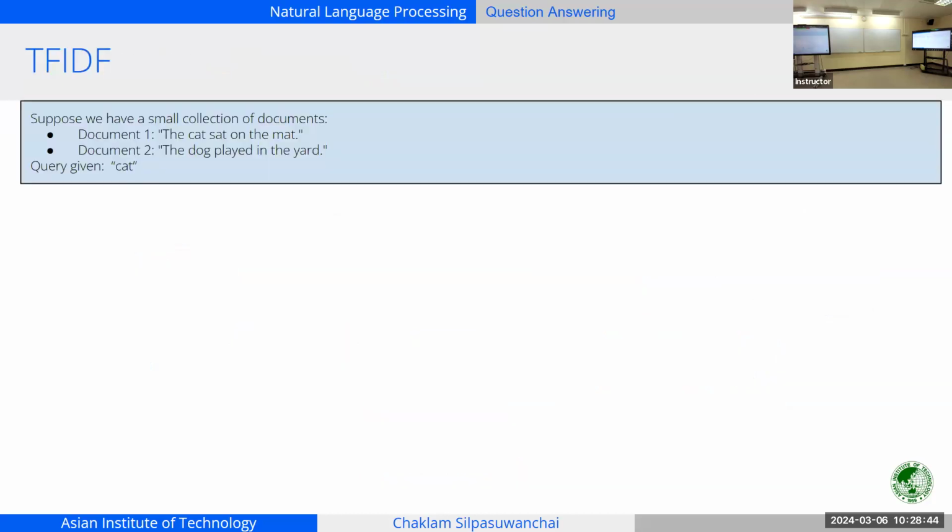So let us give an example. Suppose we have two documents: the cat sat on the mat, the dog play in the yard, and the query is cat. Very simple. I have two documents. Which document is relevant? Document one, obviously. But how do we actually calculate and return document one?